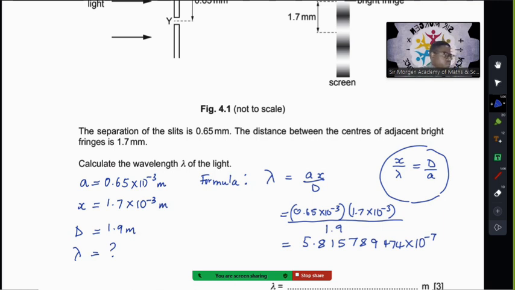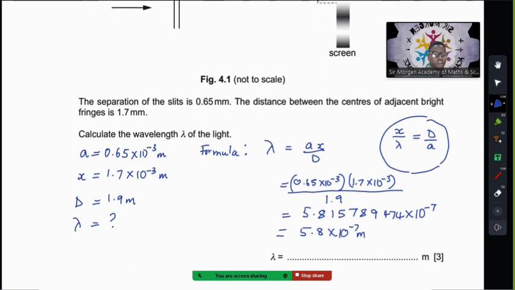Most of our raw data values are given to two significant figures, so we can write this value as 5.8 times 10 to the power minus 7 meters.